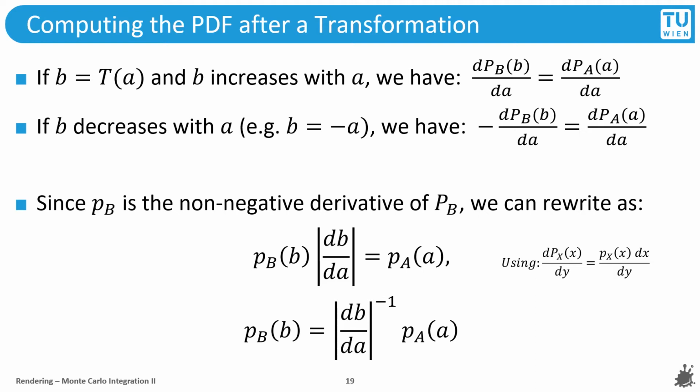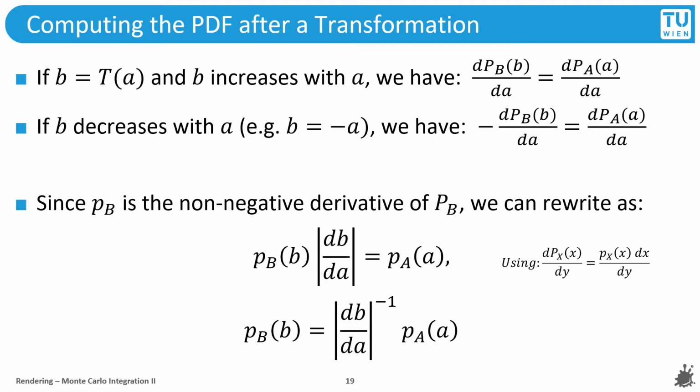For the term on the left, we can use that the change in the CDF is equal to the PDF times the differential, so we get P capital B of B times dB over dA equals P capital A of A. We take the absolute value for dB over dA because the differentials could be going in different directions if, for instance, the output of the transformation is just the negative of the input.